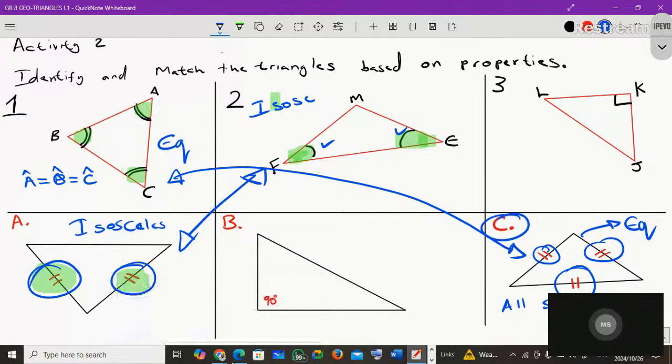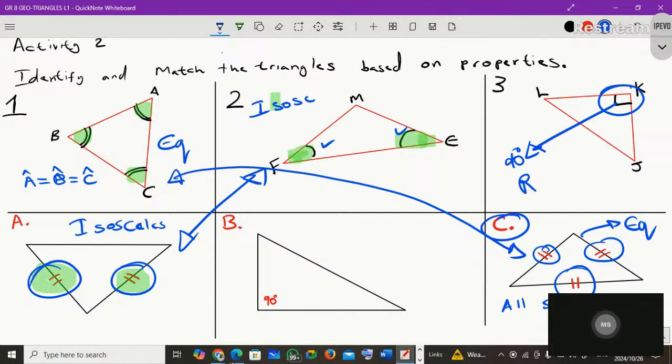Then in the same way, 3 will match with B. So what properties do we see on 3 and on B? On 3 we are seeing this sign, and we know that this sign represents 90 degrees. If this represents 90 degrees, we call a triangle with this sign a right-angled triangle. Are we together?